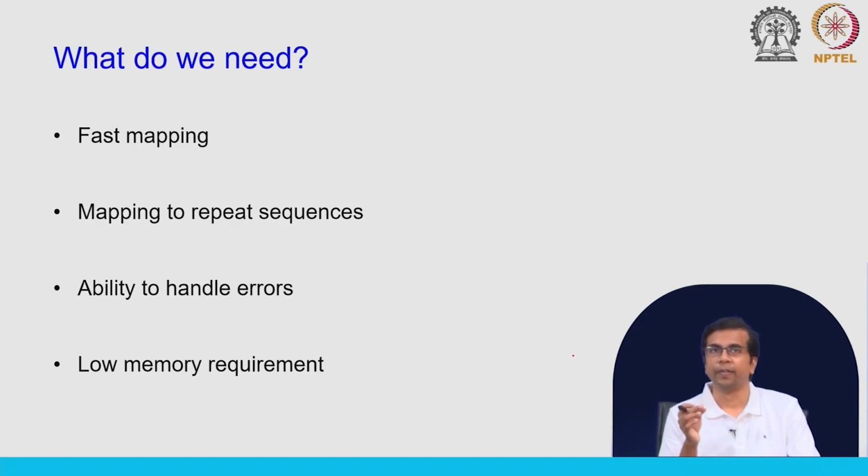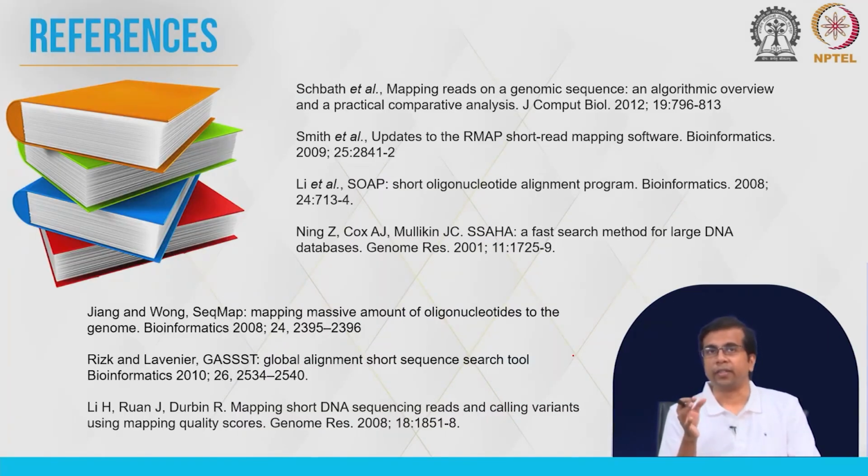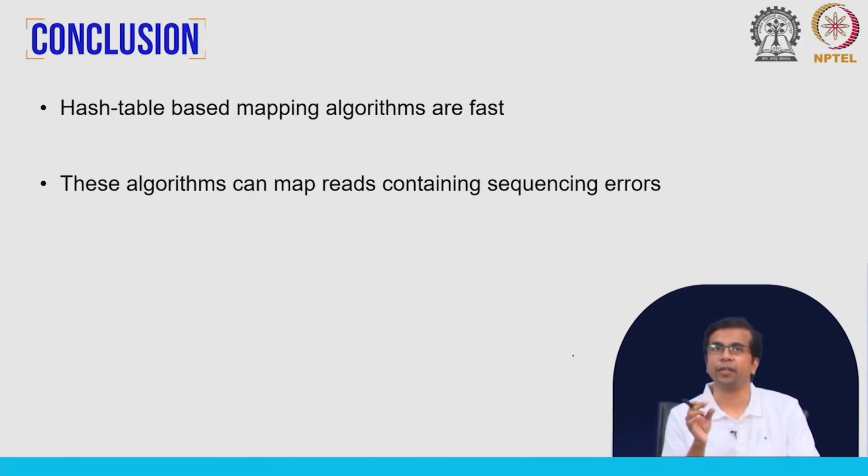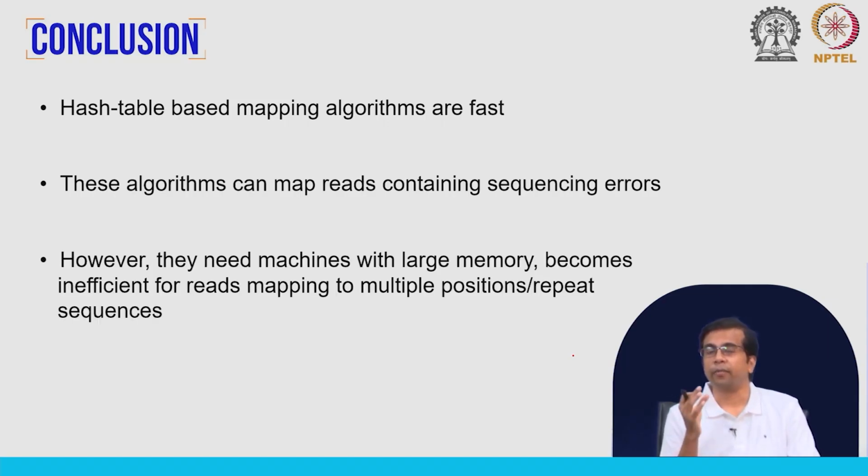These are the references that we have covered, and to conclude, these hash table based mapping algorithms are really fast and they can map reads containing sequencing errors. So, there is no issue with mismatches, but they require large memory.